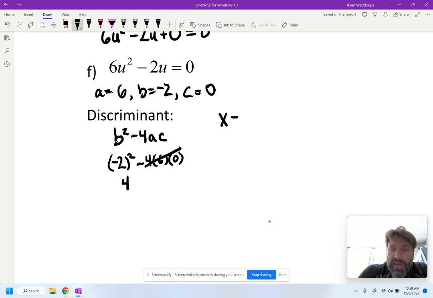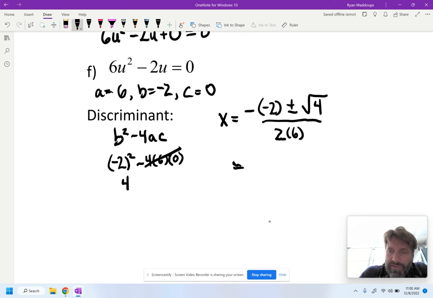So we get x equals negative b, or that's negative of negative 2, plus or minus the square root of 4, all over 2 times a, which is 6. And I'm going to simplify this just a little bit. Negative of negative 2 is positive 2, plus or minus the square root of 4, which is 2, over 2 times 6, which is 12.